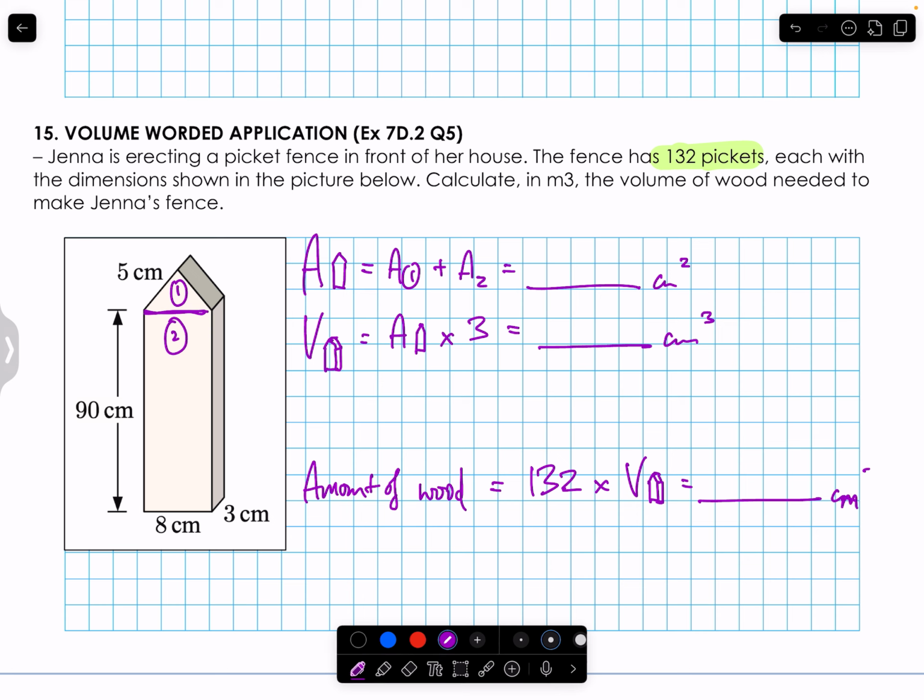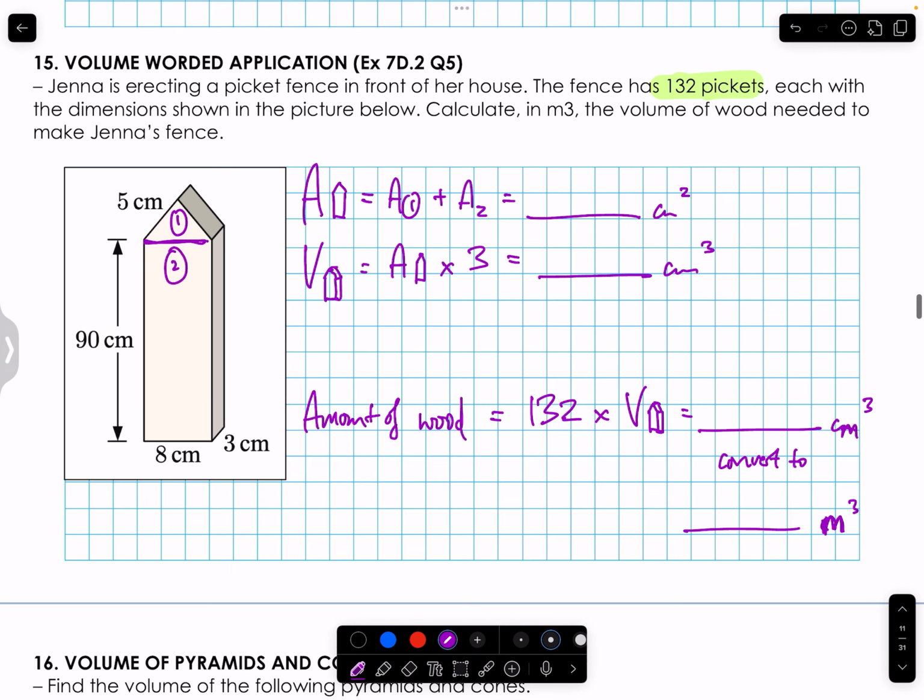You'll find it in cubic centimeters first and then convert to cubic meters using the flowchart that you had in the previous question. Okay, that's that one done.